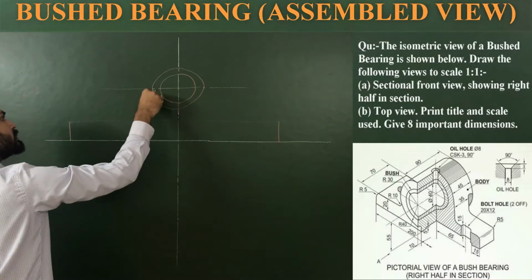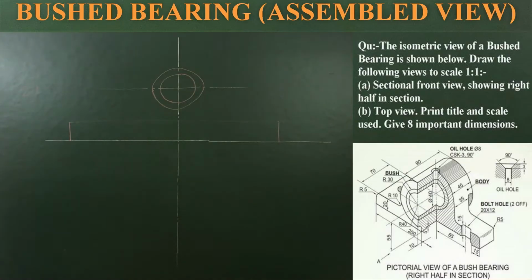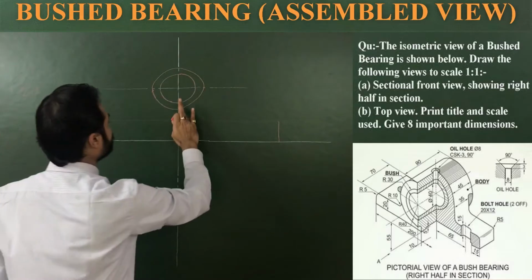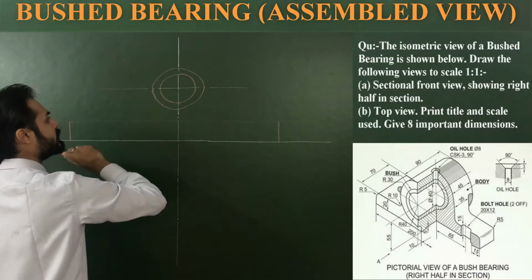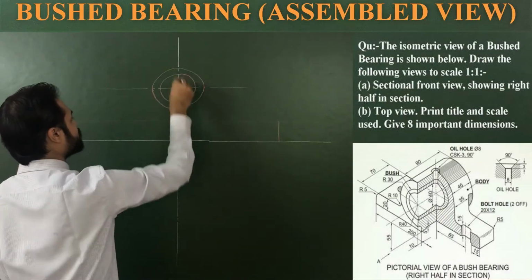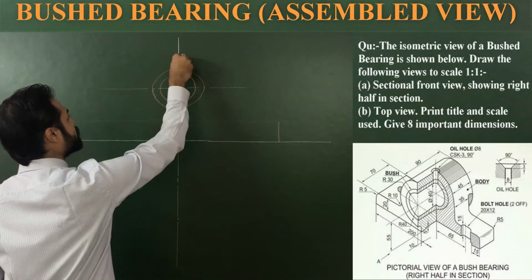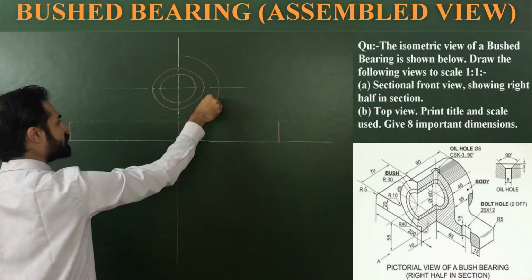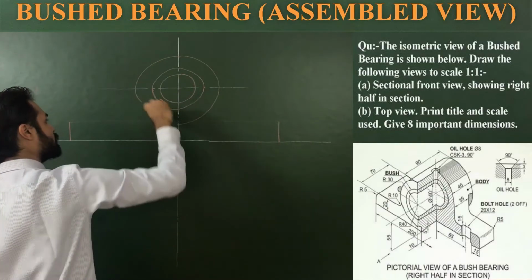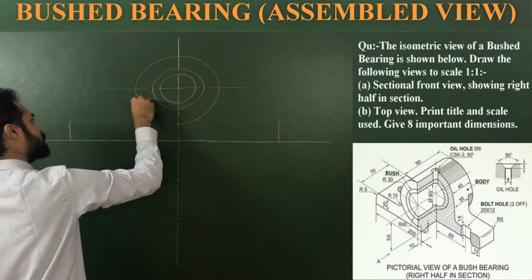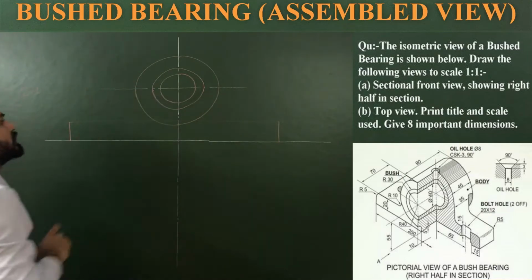And then third circle of diameter 80, R40 means diameter 80. So second circle of radius 30 and third circle of diameter 80 or radius 40.